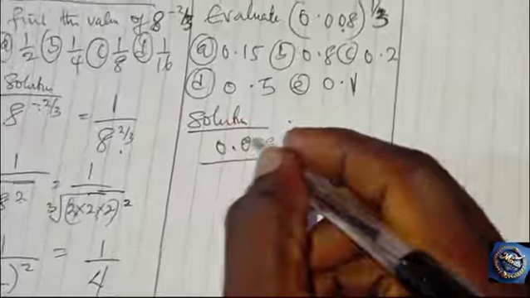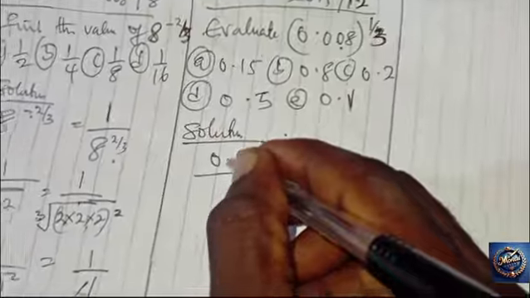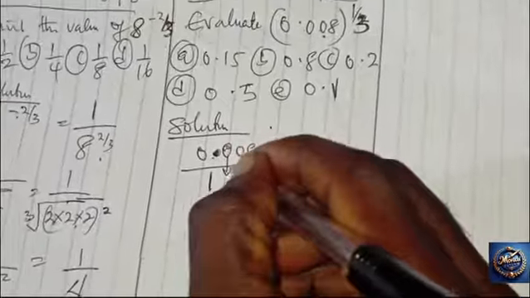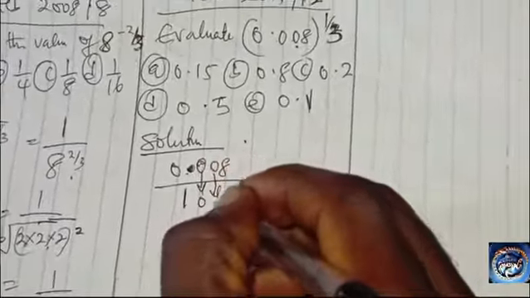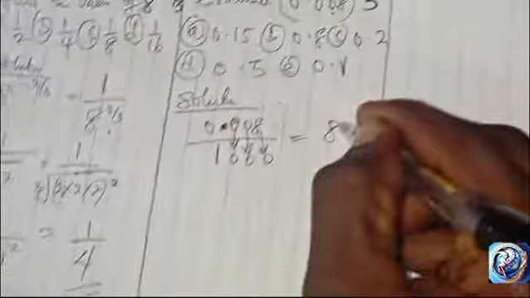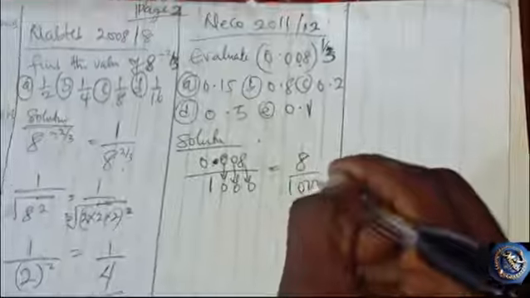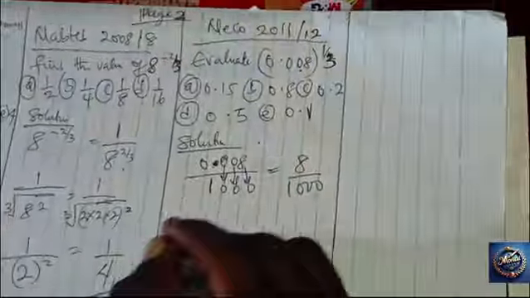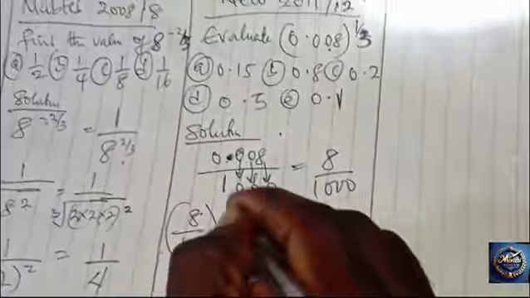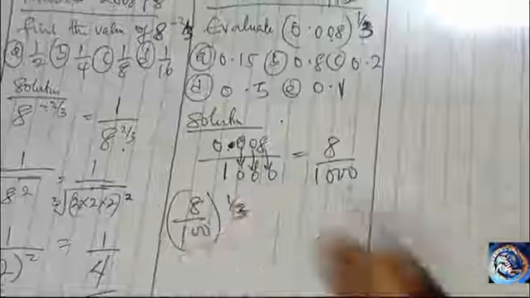How do I change this one? The decimal point becomes 1, and every other thing follows 0, 0, 0. So what I have here is 8 all over 1000. That's how to change to fraction. So I have 8 all over 1000 raised to the power of 1 all over 3.